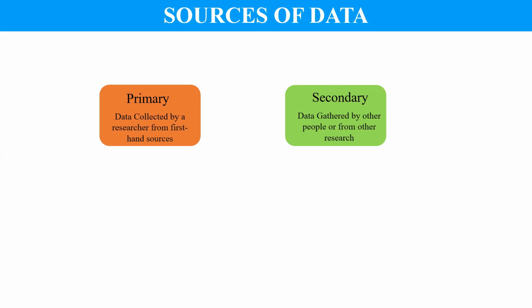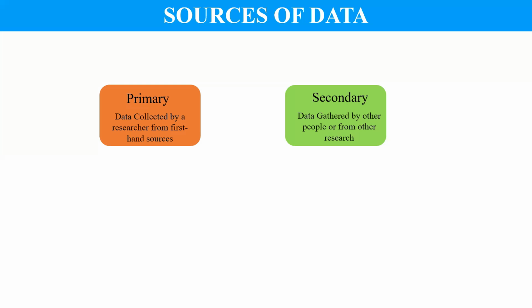Then Zamfara State or Lagos State or Abuja, any other state, asks us for the data and they collect the data from us. To us, the data is primary, but to them, the data is secondary. Please understand it. We got the data from the primary source, but they got the data from a secondary source because they are not the ones that interact with the direct source of the data. They just receive the data from us and they use the data.